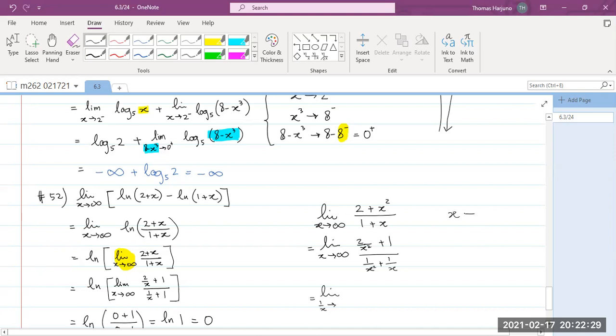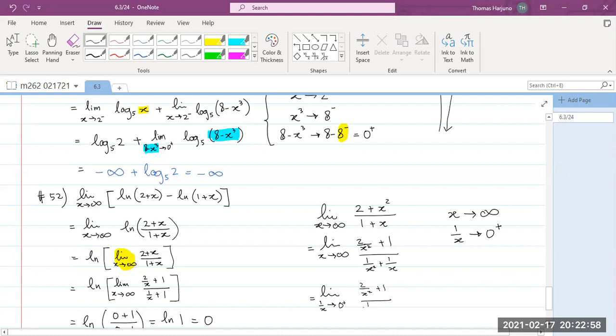It goes to 0. Approaching 0 from the positive or negative side? The positive side. Right, because x is a very big positive number, so 1 over x will be a very small, still positive number. So it will be 0 positive here.